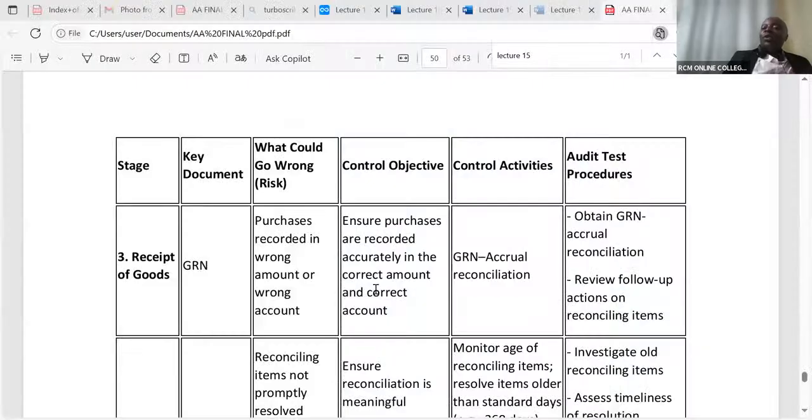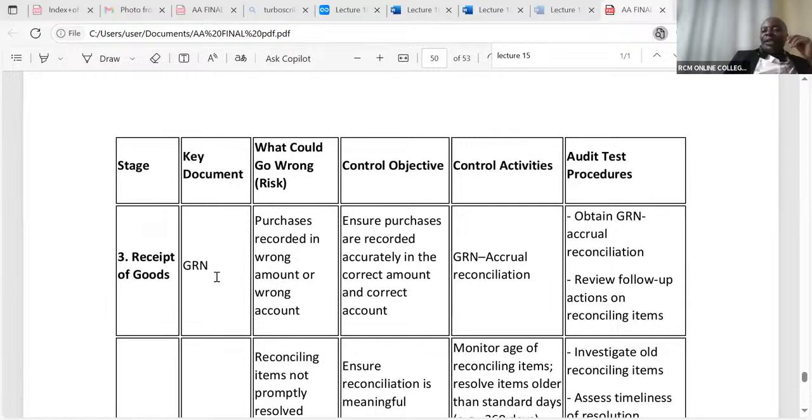Allow me to read some of these things for you to be able to understand. But anything you write, remember you use a table, don't use narrations. Always use a table. If you do an auditing exam without drawing tables like this, you'll always keep on failing. Always.